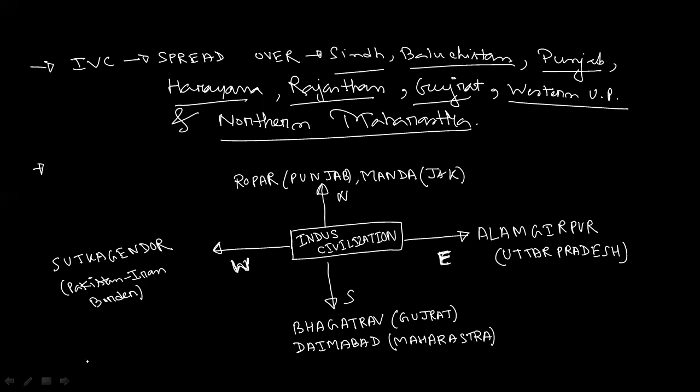Now, some important sites of the Harappan or Indus civilization. First one is Harappa, which is on the bank of the river Ravi, in the province of Punjab, and which is in Pakistan now.